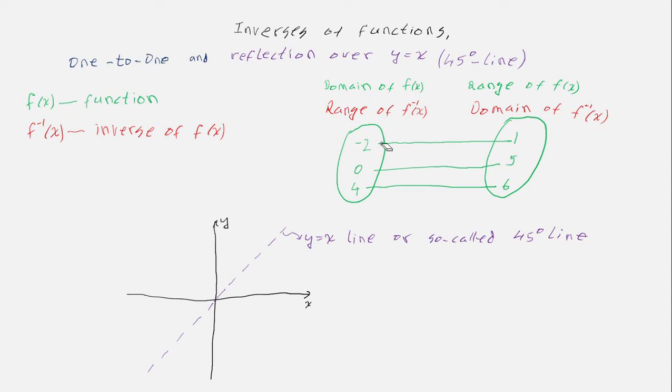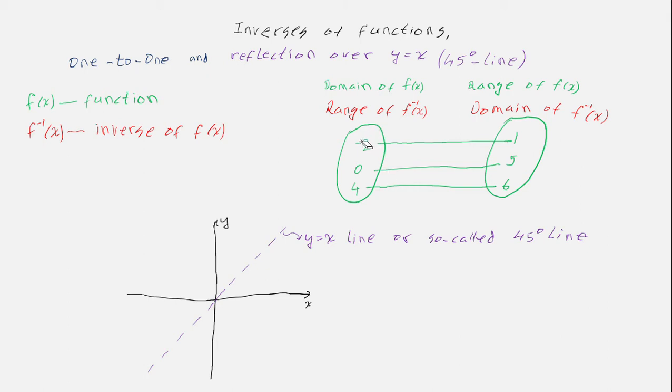So what was the domain of the function becomes the range of the inverse, and what was the range of the function becomes the domain of the inverse. That's again because x and y change places. So what was x becomes y, what was y becomes x, what was domain becomes range, what was range becomes the domain.